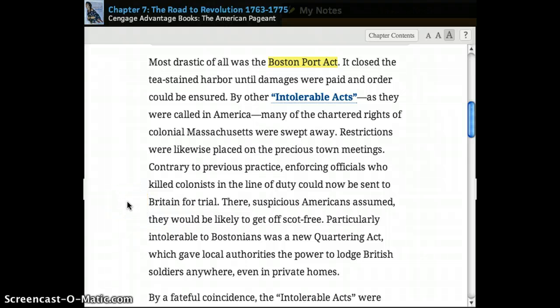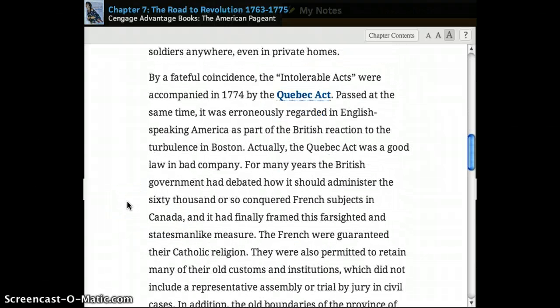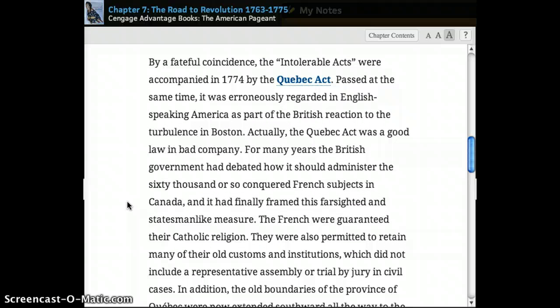There are a couple other things that happen. The British government also tells the colonists that they can't meet. The legislature is shut down and meetings are banned. The Quebec Act is tagged onto the Intolerable Acts, and even though it's not intended to be a part of punishing the colonists, basically the British government goes along with saying that the French Catholics can have freedom of religion in French Canada.